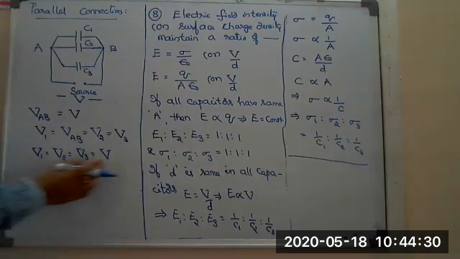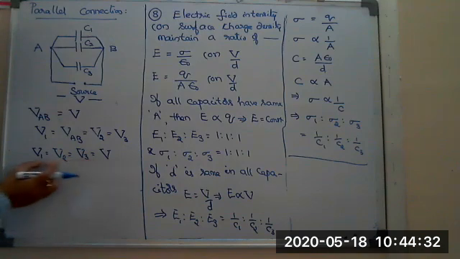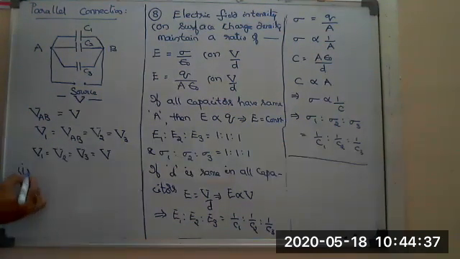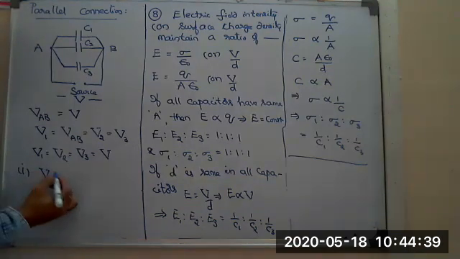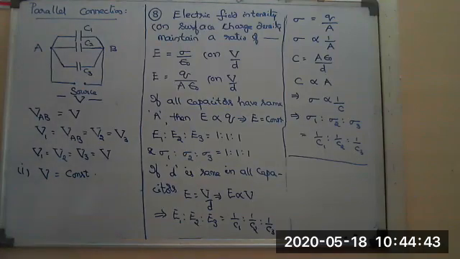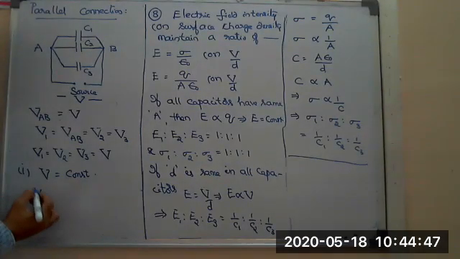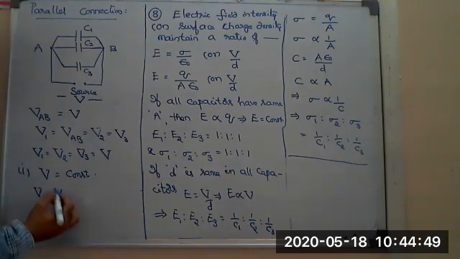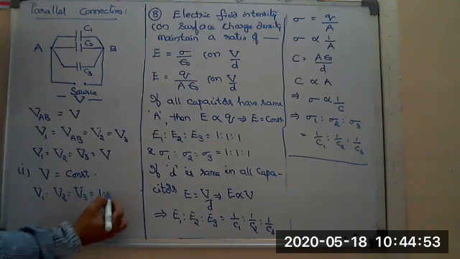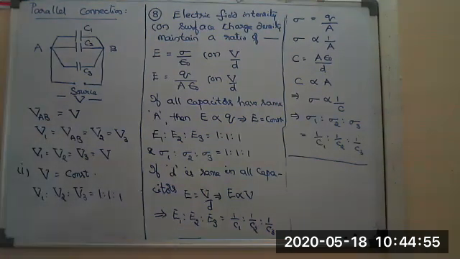So the first point is that the potential difference in parallel grouping is constant. In the same way, like in series, if you want to write the ratios, straight away you can write V1 is to V2 is to V3 equals 1 is to 1 is to 1.